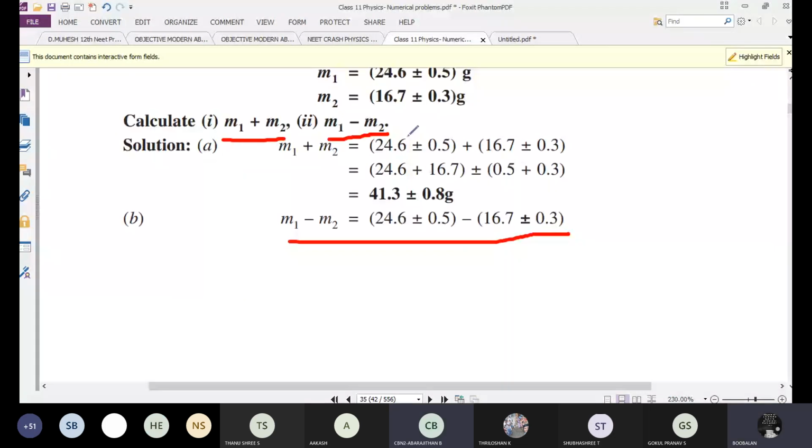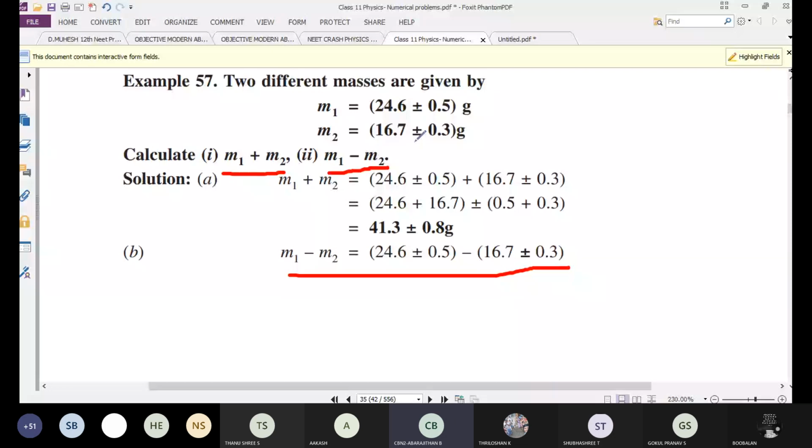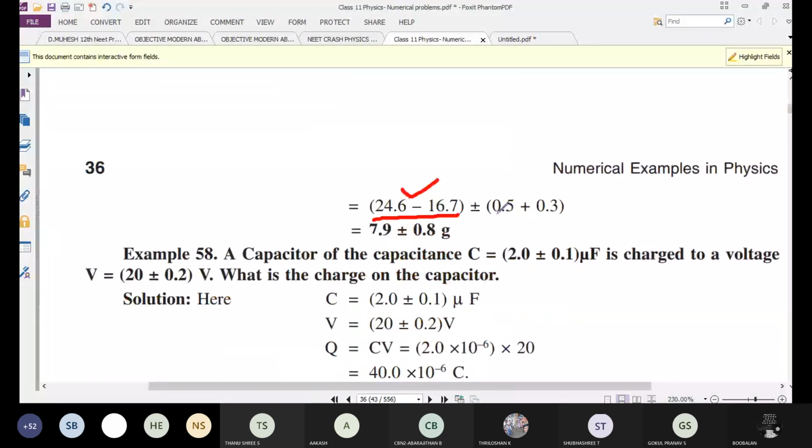For this value the true value is a subtraction, no? The mean absolute error is an addition, no?